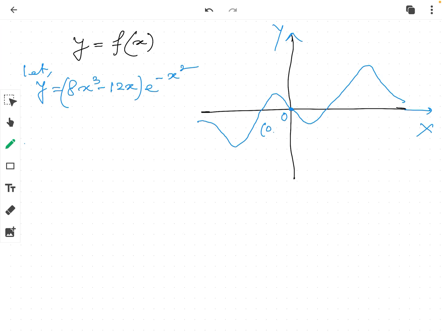I can write this as 0, 0. Now, what is maxima and minima here? Which are maxima and minima?